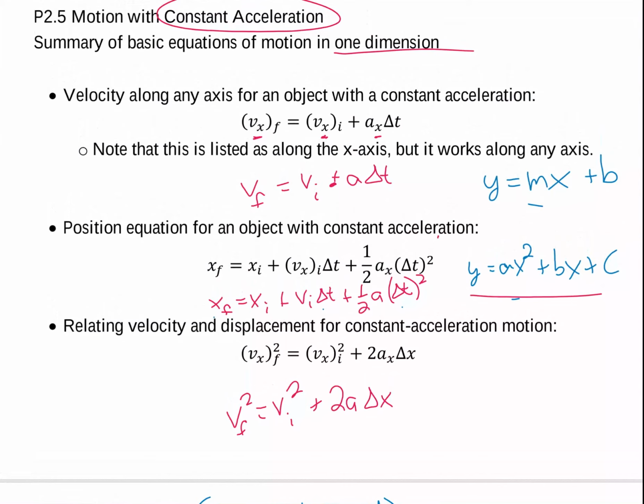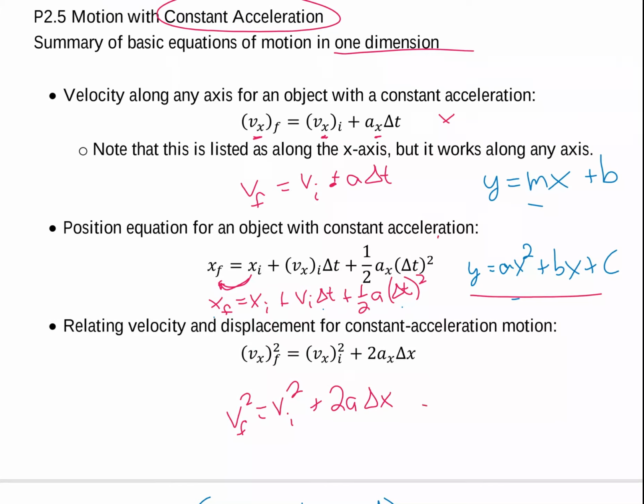So this top one right here does not have delta x in it. This one right here does have delta x if we slide x sub I over. If we move x sub I over, we'd have x sub f minus x sub I, which is delta x. So we could use this one.